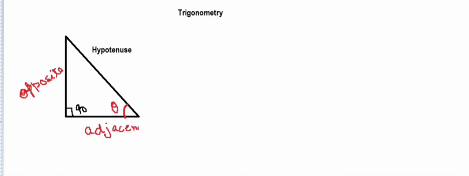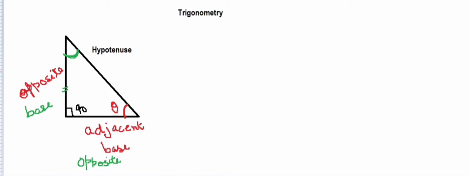We call it adjacent or we call it base also. It depends, whatever you want to call, you can call it. So for this angle, this will be your opposite, and this side will be your base or adjacent, whatever you want.